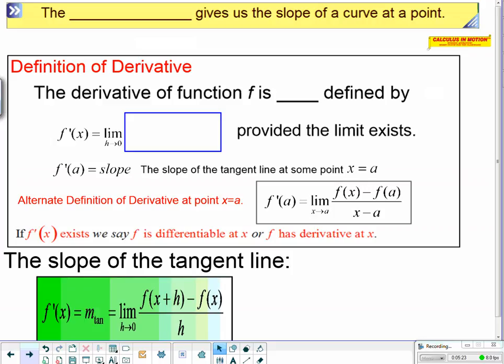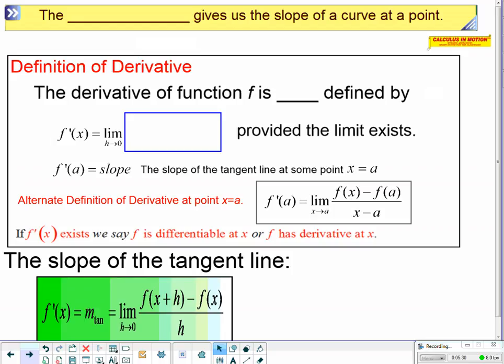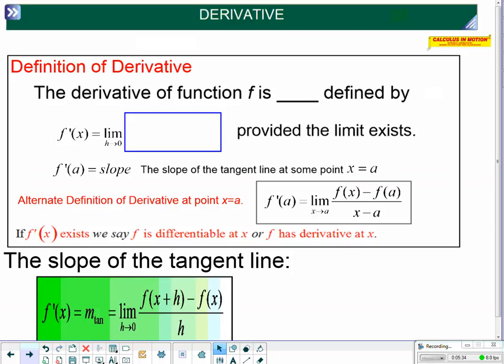All right, so the derivative gives us the slope of the curve at a point. So that's the word derivative.